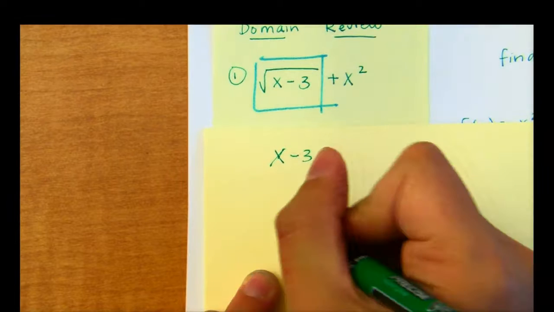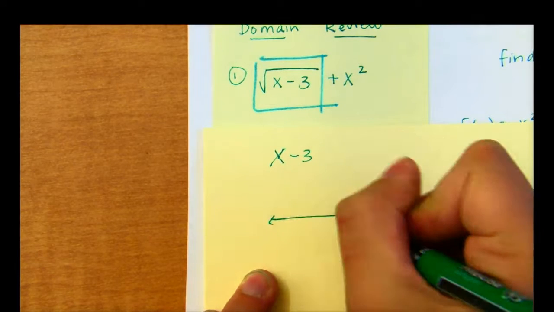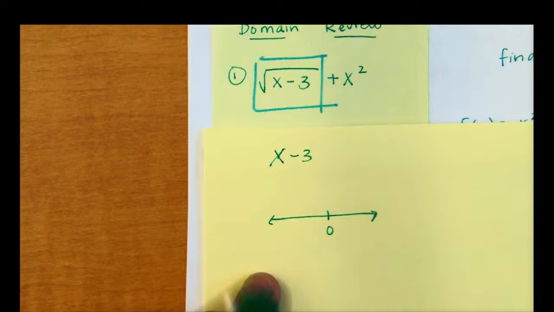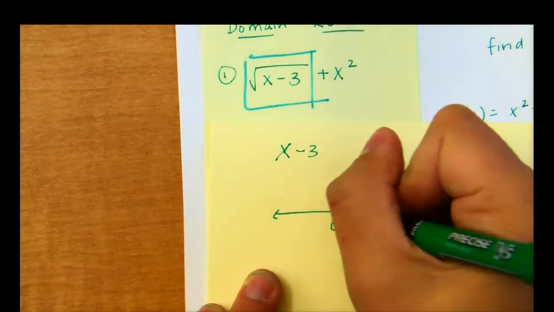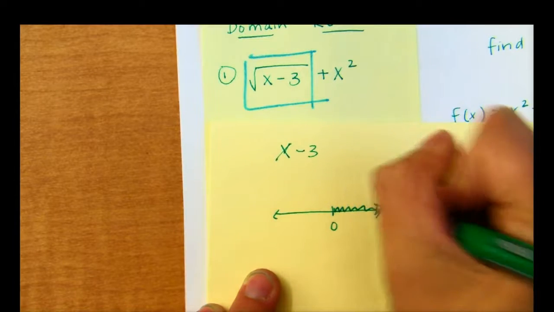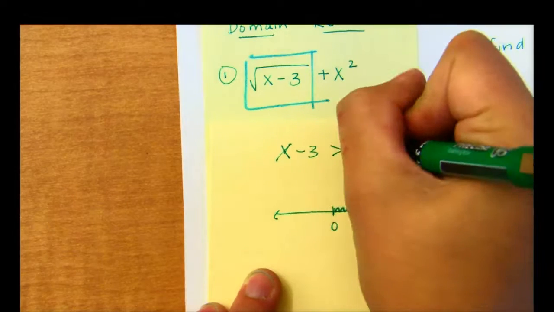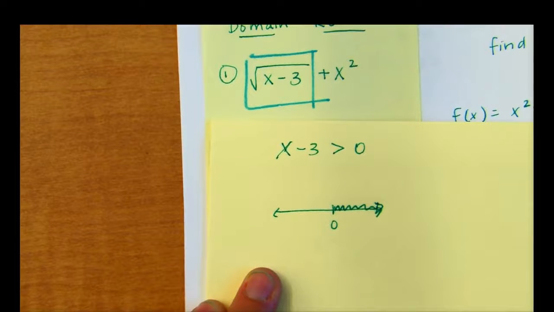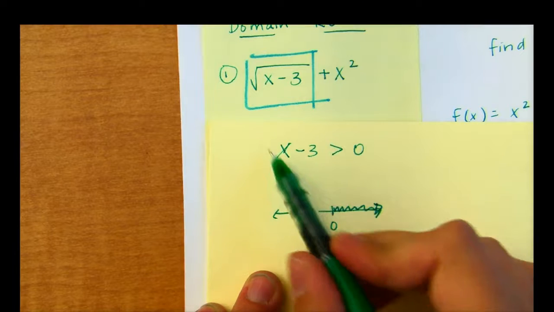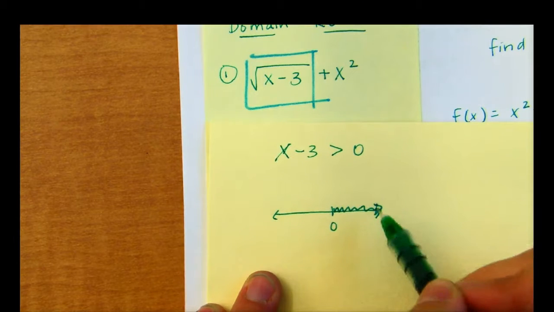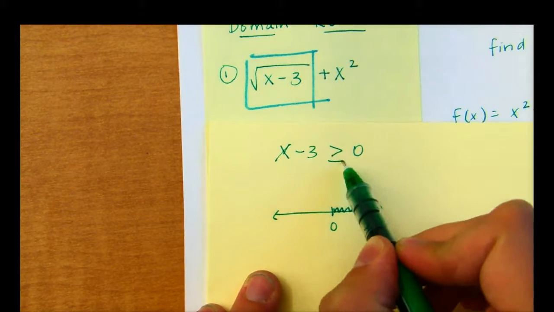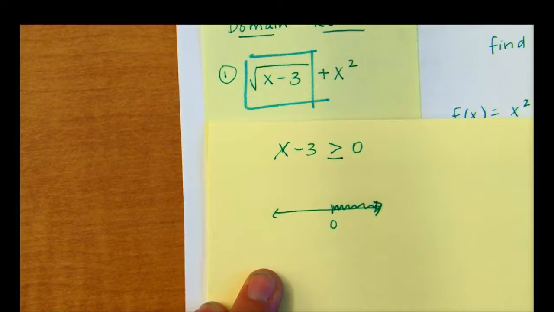If it's not negative, then it is greater than 0. I want this number, whatever it is, to be positive or greater than 0. It can also equal 0, so I'm going to give it an equal to bar.